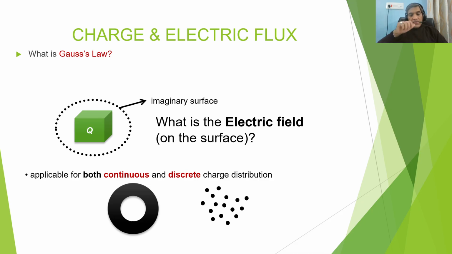It is not just a point, maybe it is a cylinder, maybe a solid sphere, maybe a solid sheet of metal. These are continuous charge distributions, and the formulas for continuous and discrete work in different ways.